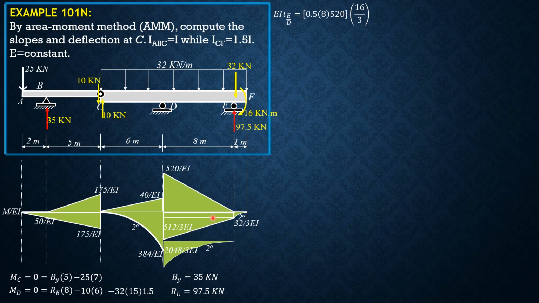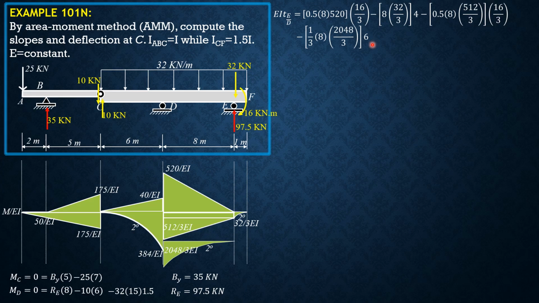Then minus 8 times 32 over 3 times 4. Then minus 0.5 times 8 times 512 over 3 times 2/3 of 8, so 16/3 again. We consider only areas between D and E. Then minus 1/3 of 8 times 2048 over 3. So this distance is 8 over 4, so 2. Its distance from the right is 6. That's why you have 6 there.